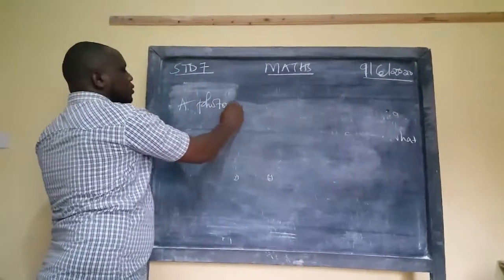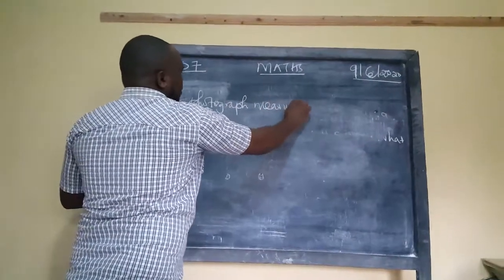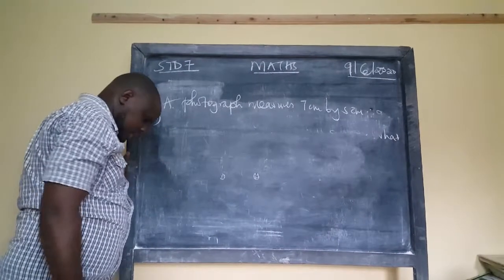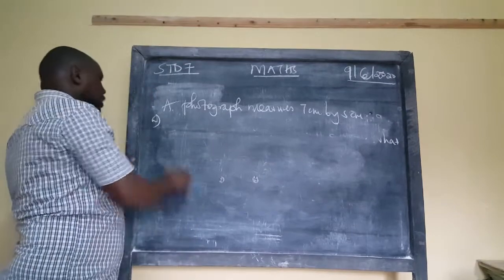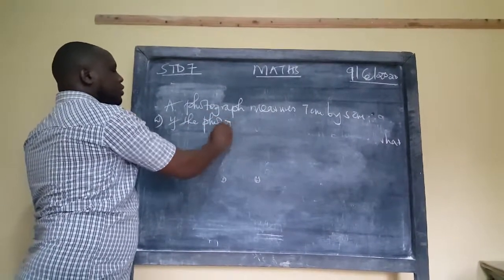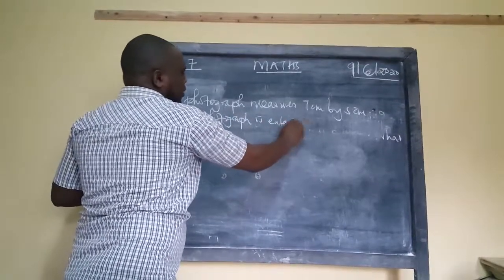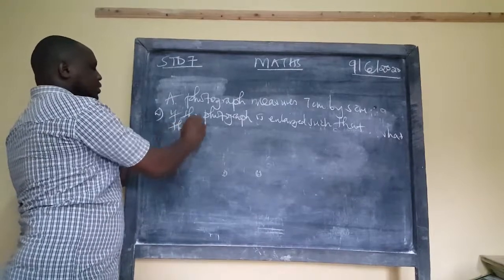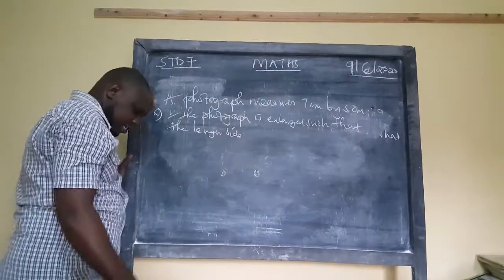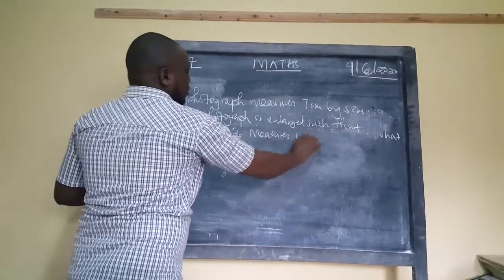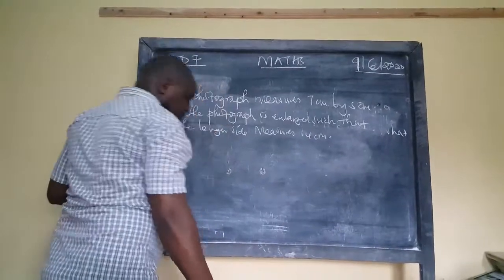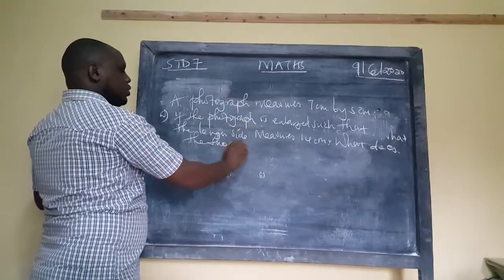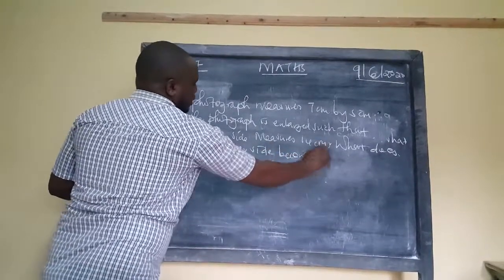A, if the photograph is enlarged such that the longer side measures 14 centimeters, what does the shorter side become? Let's calculate that one.